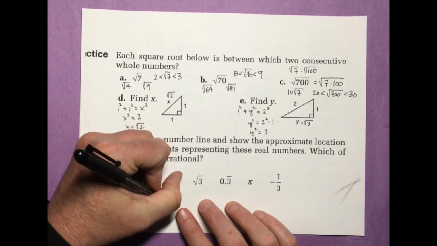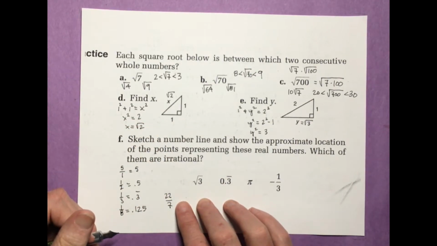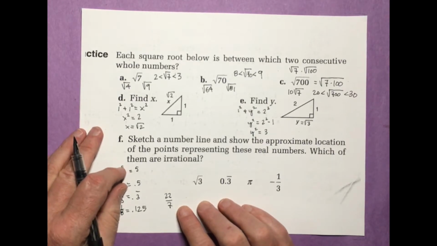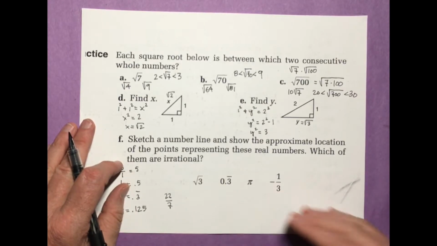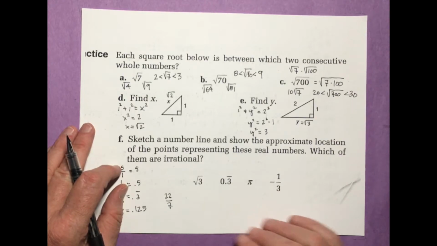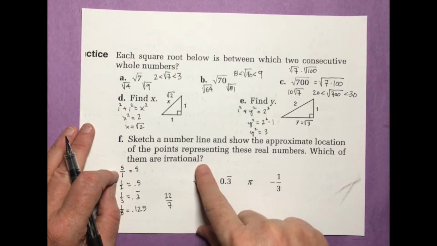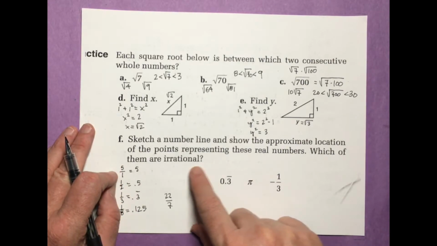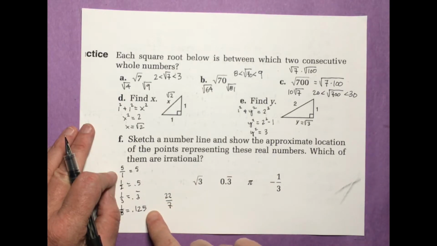Your book uses 22/7 quite often, but that doesn't really get it. That gets you down to 3.14. And pi just goes on forever. 3.1415926, blah, blah, blah. It never stops. It never repeats. So if a number never stops and never repeats predictably, then it's an irrational number.